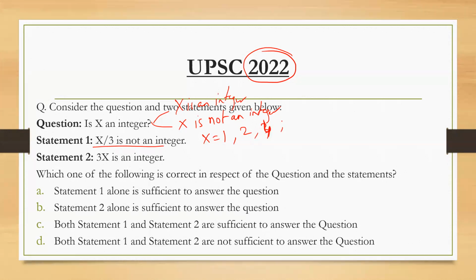But if I take, let's say, x as a fraction, x is equal to 1 by 3, then what will happen here? x by 3 becomes 1 by 9. Now again, it is not an integer. So for some integer values as well as for some fractions, this statement is valid.